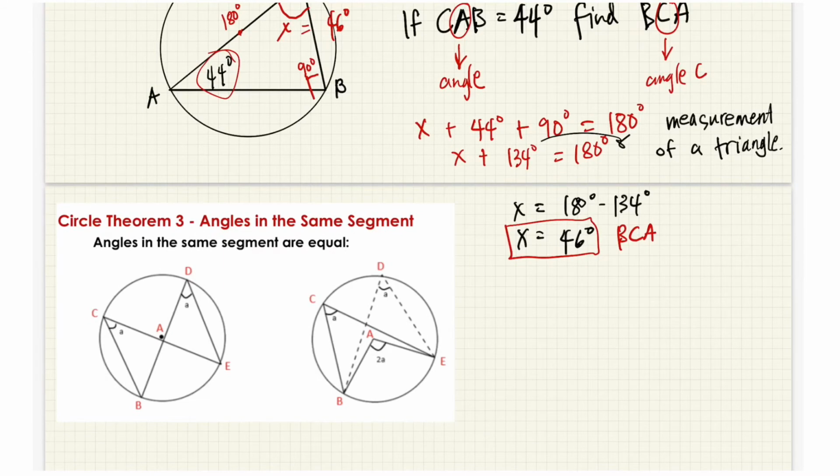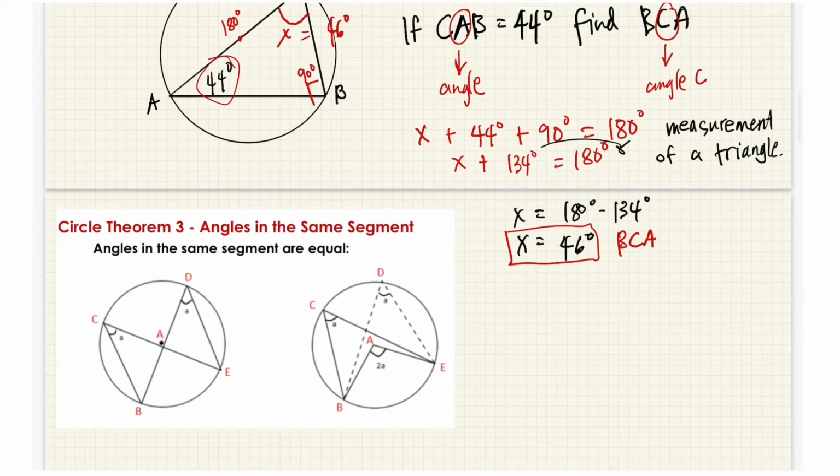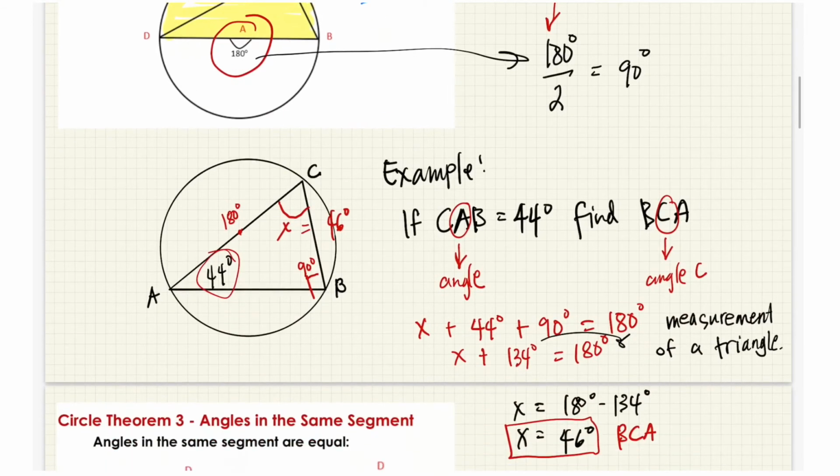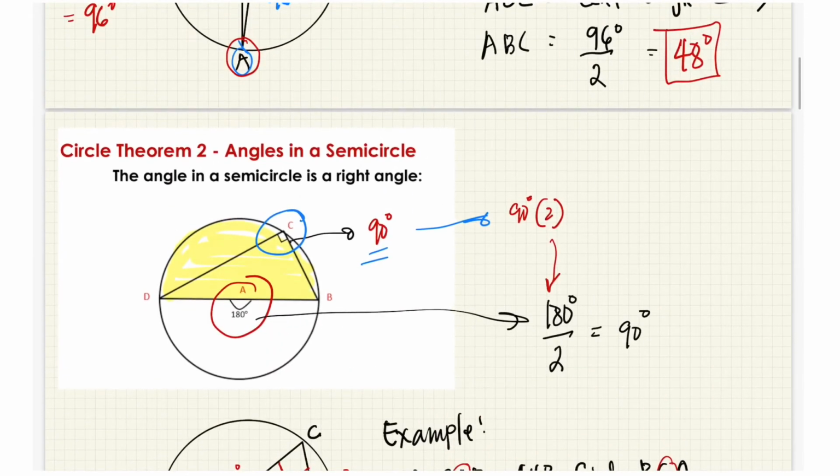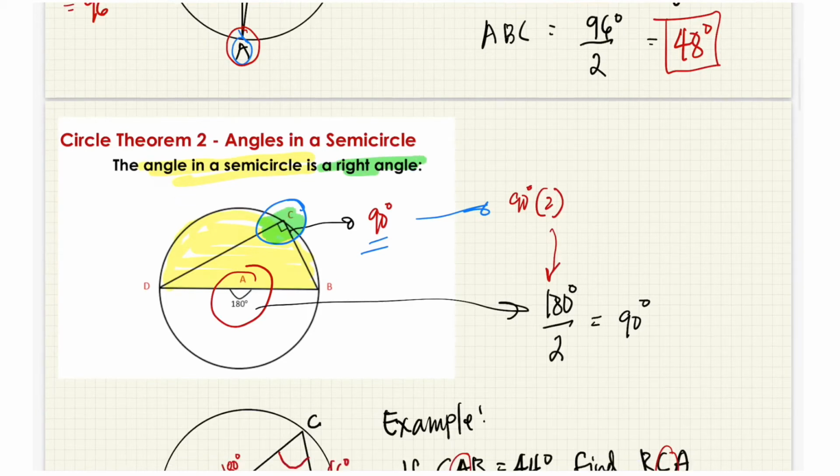Now next we have the next theorem. But before that, theorem 2, remember this, the angle in a semicircle will always give you a right angle.